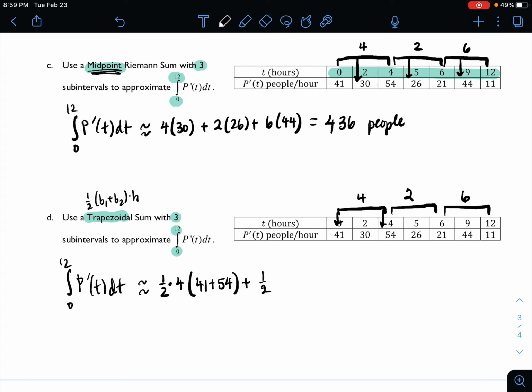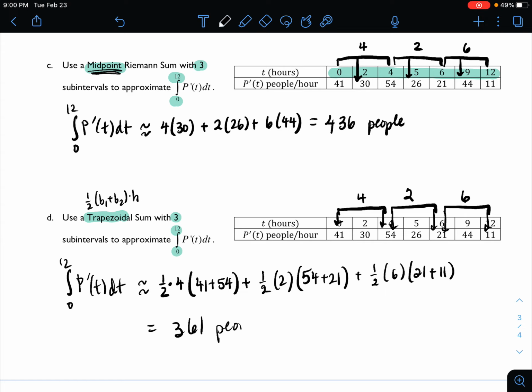Plus 1/2, my width is 2, my delta x, times both of the heights, 54 plus 21. Plus 1/2 times 6 times 21 plus 11. So again, you're adding your endpoints of your interval, multiplying it by the width of the interval times 1/2. That will give me 361 people.